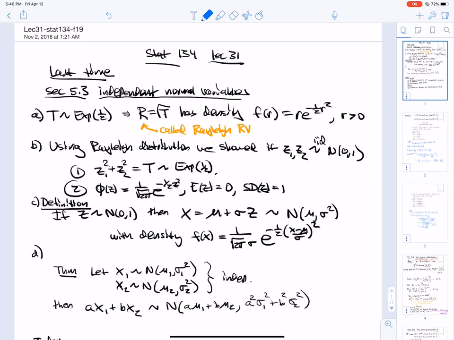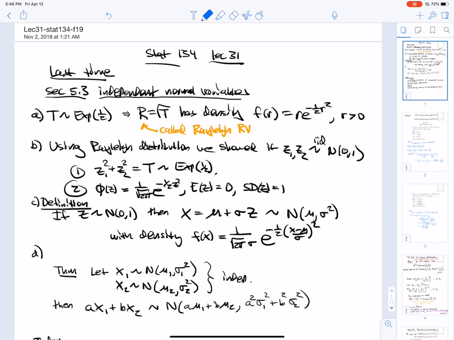So we saw that for T exponential 1/2, the Rayleigh random variable is defined as the square root of T, and that it has density r e to the minus 1/2 r squared, r positive.